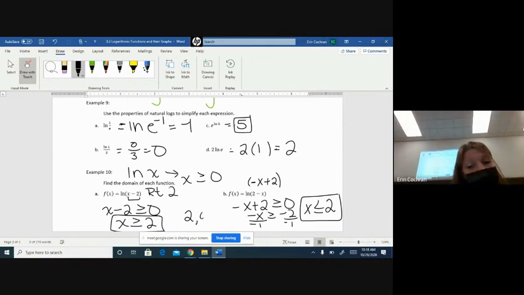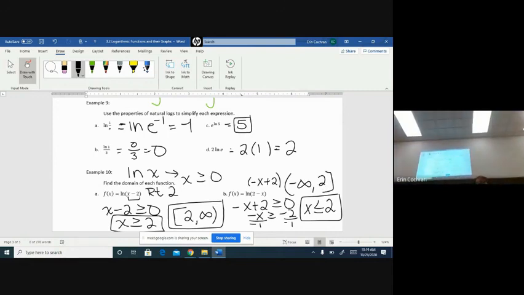Infinity. Now, with 2, do I include or exclude 2? Include, so that would be a bracket. Infinity is always a parenthesis, right? What would x is less than 2 be? Negative infinity to 2. We have a parenthesis and a bracket. There we go. So that's interval notation.